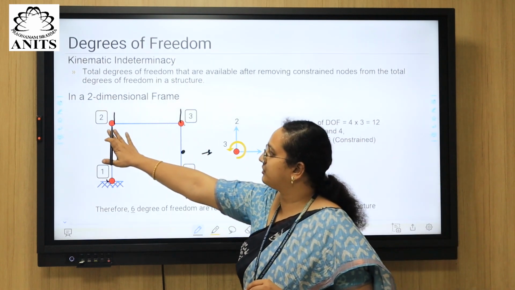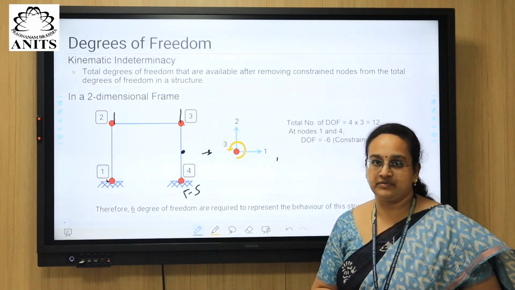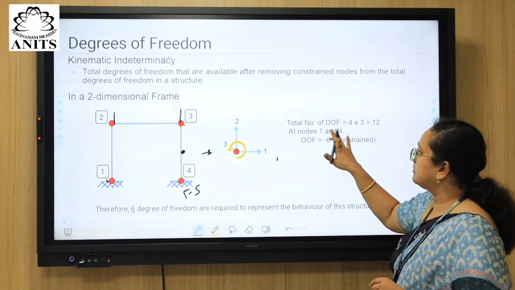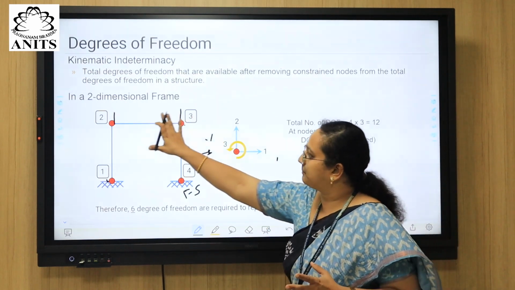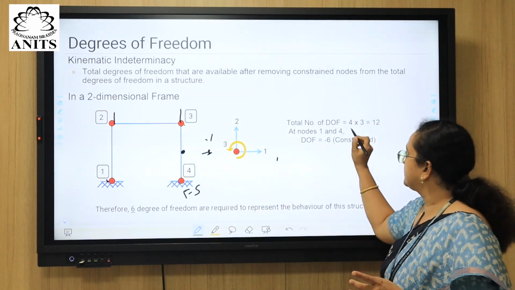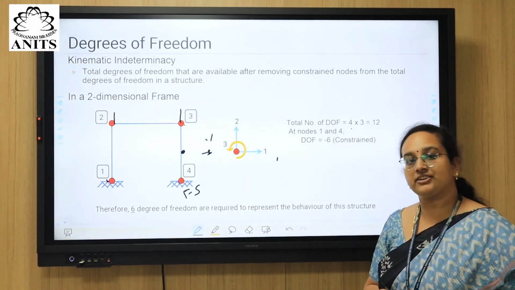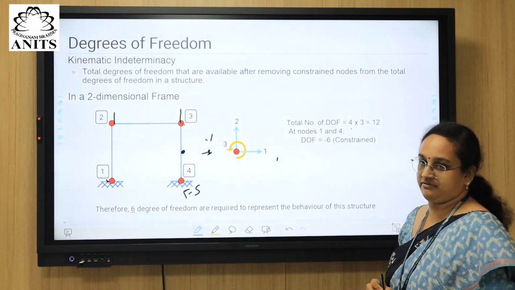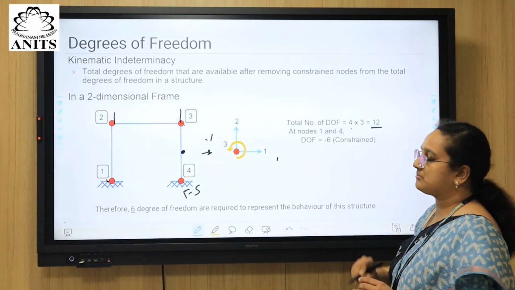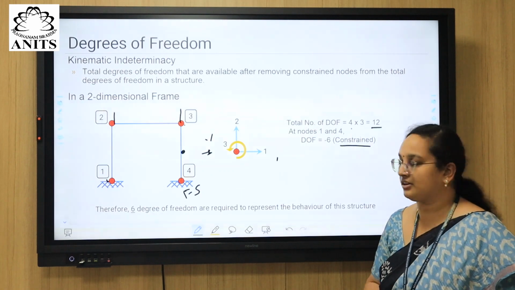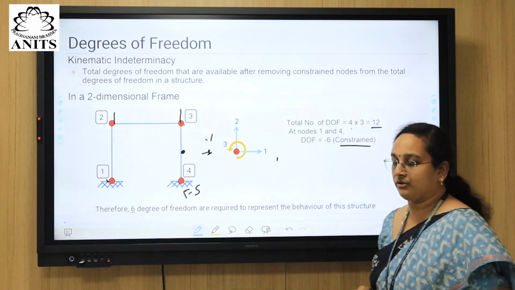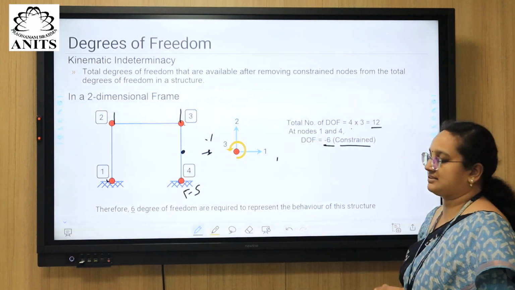Now we only have to define them at nodes 2 and 3. You see the total number of degrees of freedom available to represent this system is 4 into 3, which is 12. So 12 degrees of freedom are required. But because of the constrained condition at nodes 1 and 4, we are left with only 6.